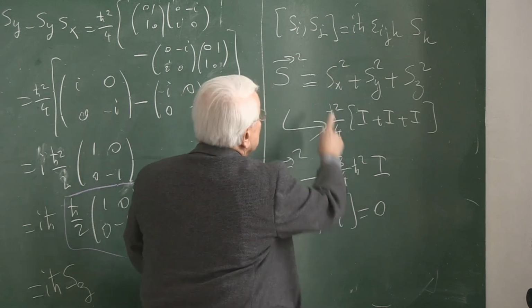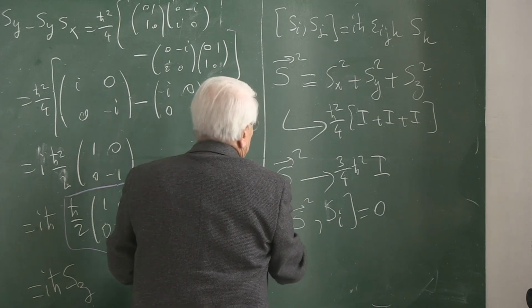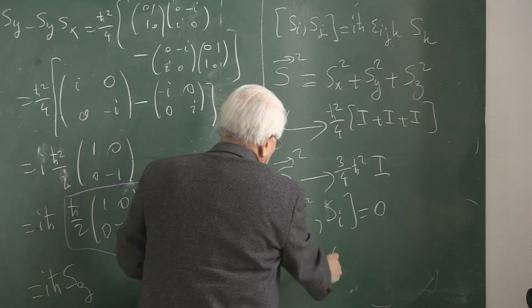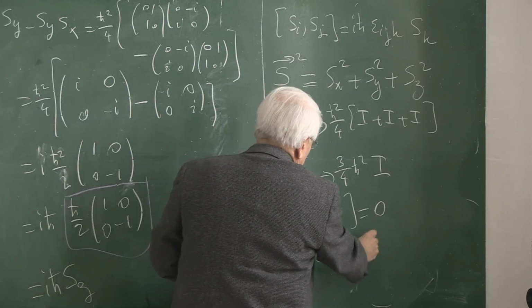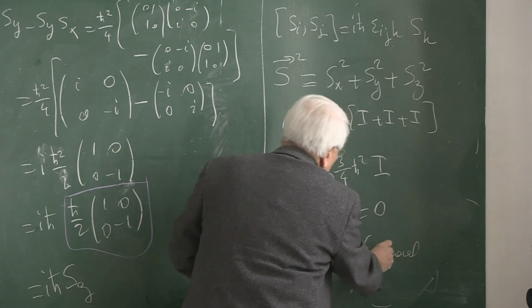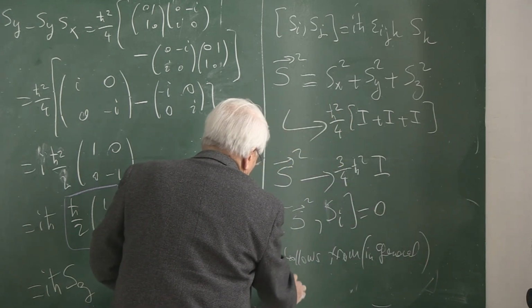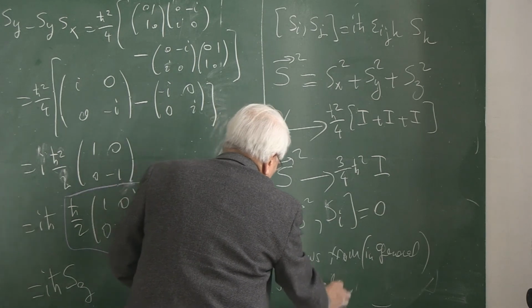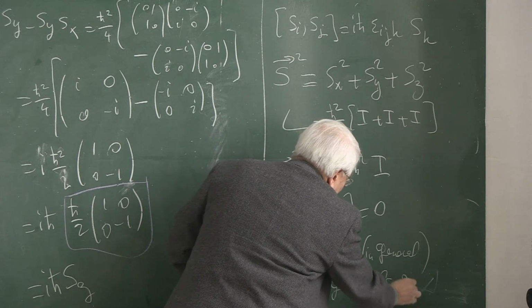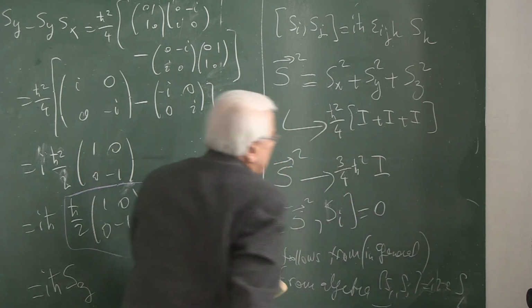It is a consequence of this, which follows in general from the original algebra: Si, Sj is i h bar epsilon Sk.